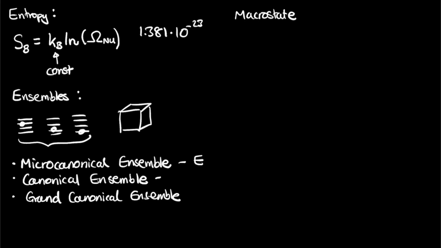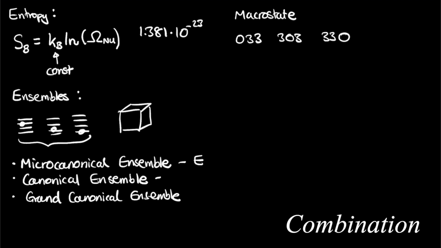You might have noticed that a lot of these microstates I was on about earlier, say you have 0, 3, 3, there are lots of different ways of ordering this set of numbers. You could have 303, or you could also have 330. This is actually a combination, pretty much.